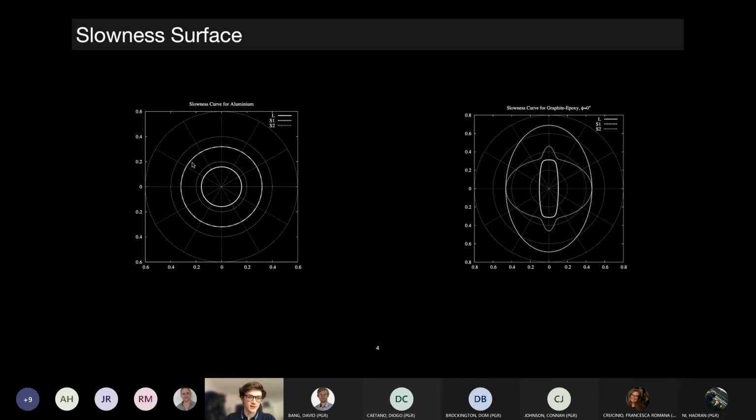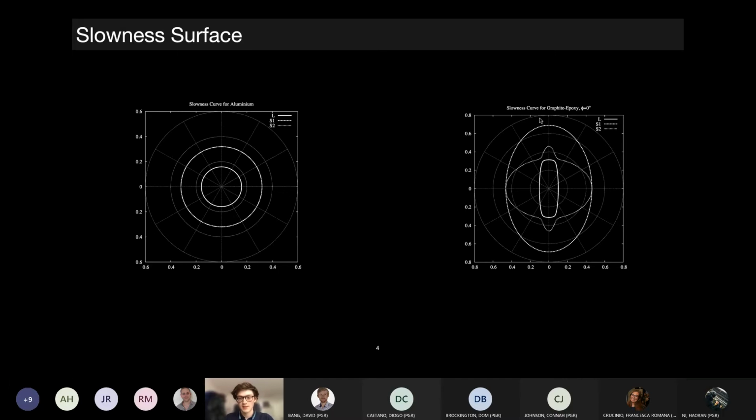Another important thing when considering these complicated materials is, for example, on the left we have what's called a slowness curve. This characterizes how the wave speed changes depending on the angle of the incident wave. For aluminium, which is an isotropic material, the crystalline structure has no directionality inside. So if you were to send a wave in, it wouldn't matter what direction it travels, it would travel at the same speed.